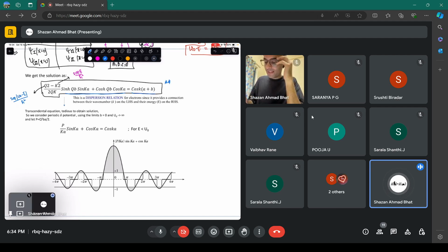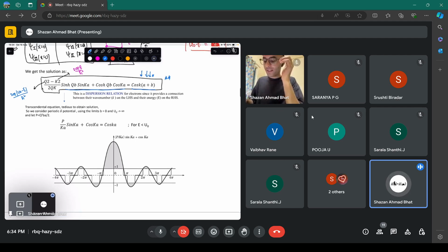And you see that this is a kind of equation which you cannot solve directly using anything you have studied till now, because it's solved graphically. If you have a left hand side and a right hand side, you plot the left hand side versus k, and you plot the right hand side.